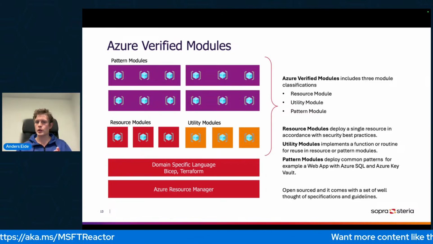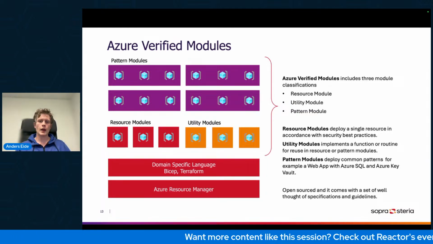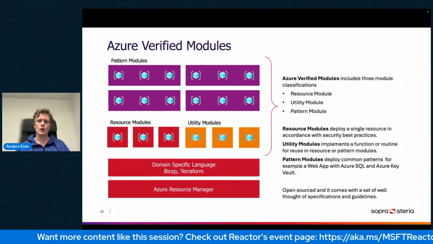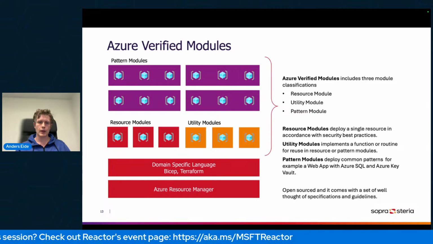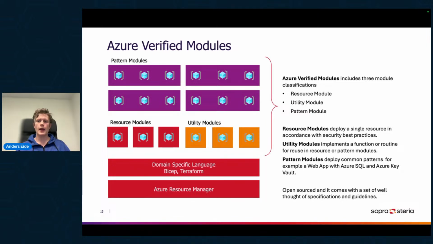So for example, storage account is a resource module in Azure Verified Modules. And when you deploy that storage account, which I also will demonstrate in a few minutes, you will also have that storage account configured with the best practice security settings, and easier interfaces to enable monitoring, for example, and private endpoints, and so on and so on.